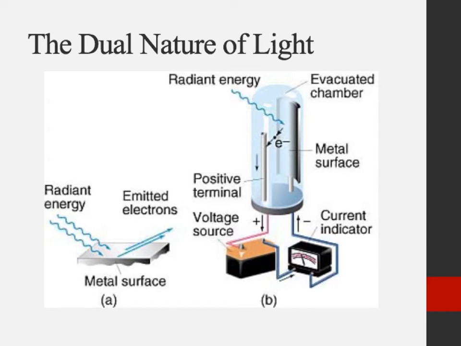So here you can see radiant energy that strikes the metal surface, causing the electrons to get energy. Once they have enough of that energy, there's a certain threshold that they need to overcome their attractive forces. They can then change that into a measurable voltage.